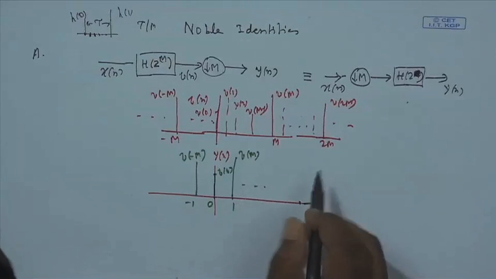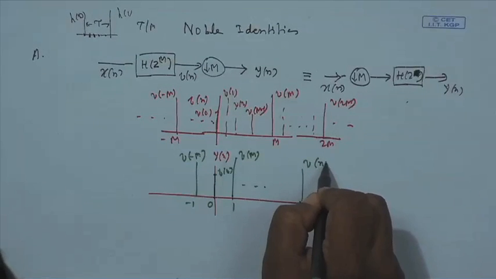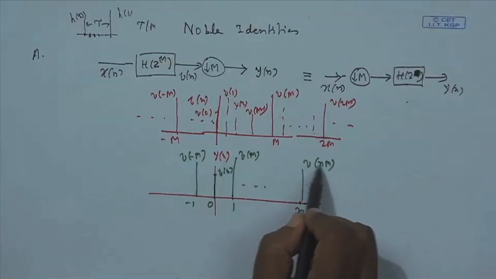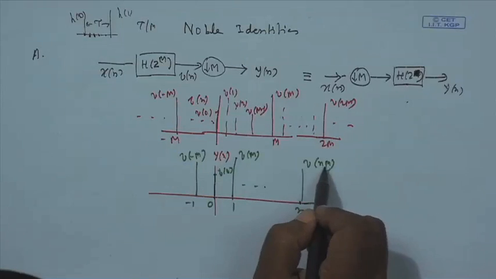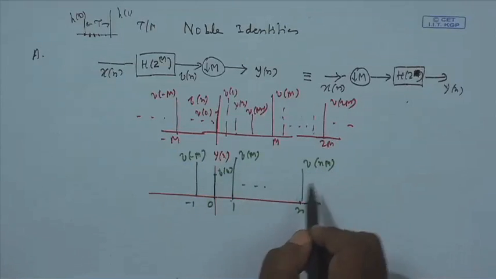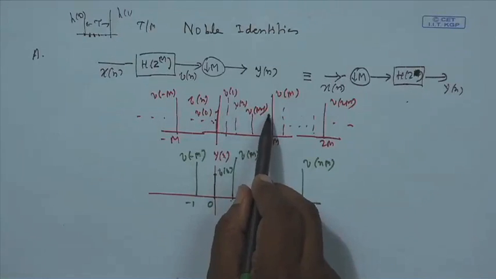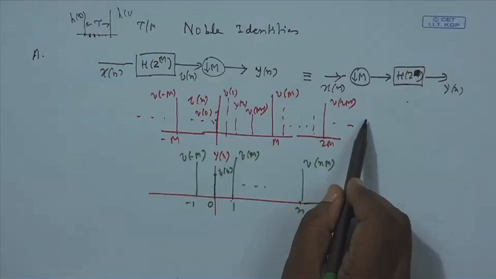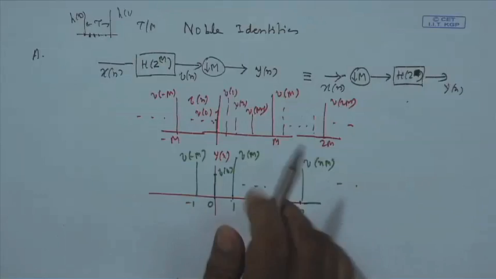That means, nth point will be v of n into M. So, at n equal to 0 v 0, n equal to 1 v M, like that. Okay. That is what I am saying. 0 is sample, then Mth is first, 2Mth is second, 3Mth is third, nMth is nth, all right. So, this is your y n.